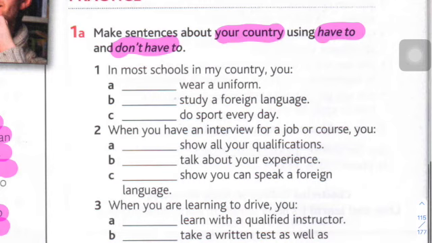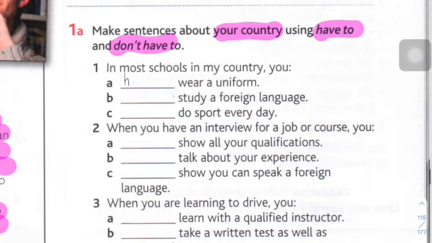So in Colombia, in most schools, you have to or don't have to wear a uniform. Yes. In Colombia, in most of the schools we have to wear a uniform, remember? And study a foreign language. What do you think?